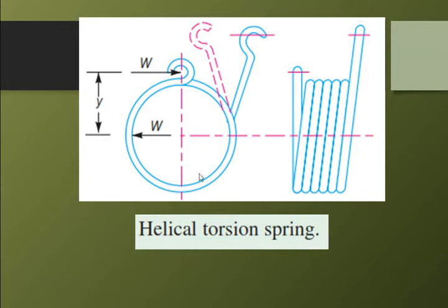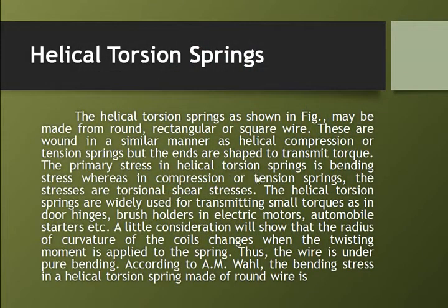Because of bending, these springs act, because it will bend and it will return back to this position. Bending moment is caused. But in the case of compression or tension springs, we know that there will be a torsion acting on the springs, which I have discussed in the introduction class.